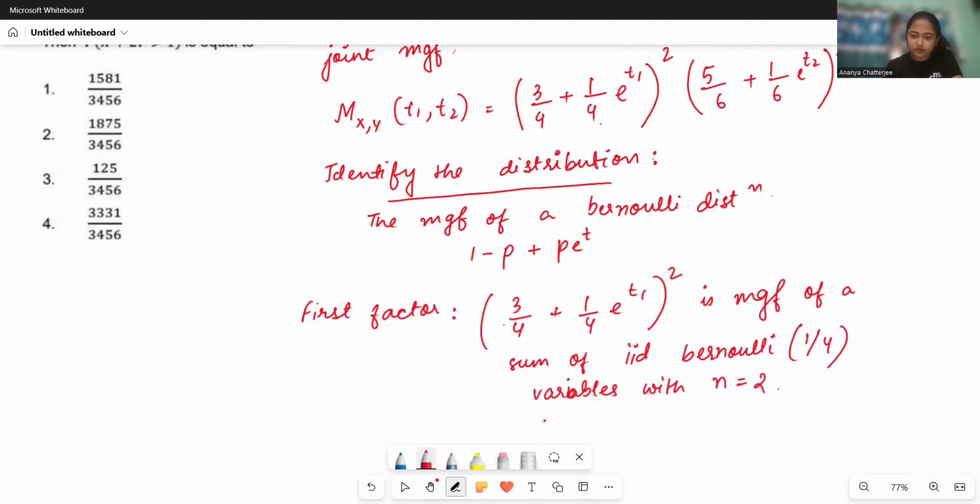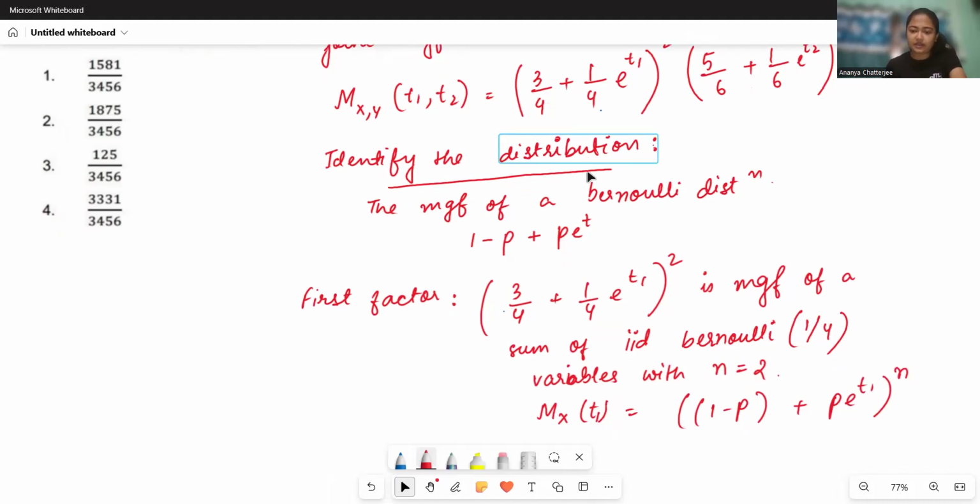Now we can write this as M_X(t1) equal to (1 minus p plus p e to the power t1) whole to the power n.